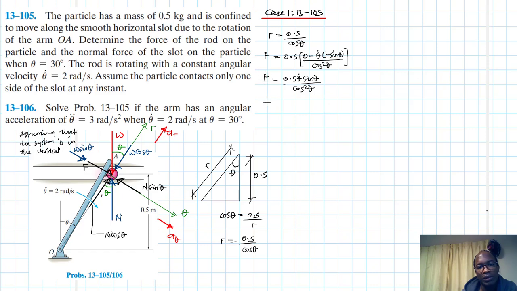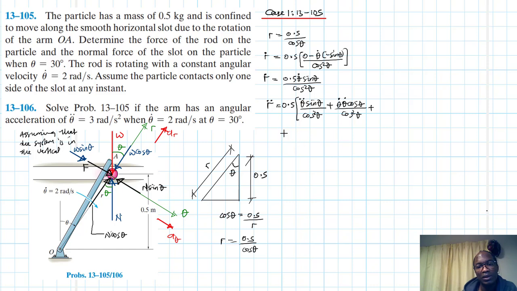Let's now find r double dot. We have three functions: theta dot, sine theta, and cos squared theta. So I'll need to use the product rule three times. Find the derivative of one keeping the rest constant, and continue in that manner. So we have 0.5, derivative of theta dot, theta double dot, then I keep the rest constant. Plus the derivative of sine theta, which is cos theta, divided by cos squared theta.